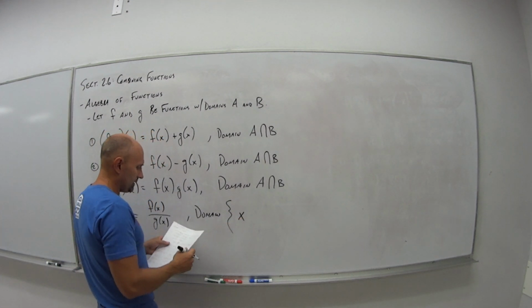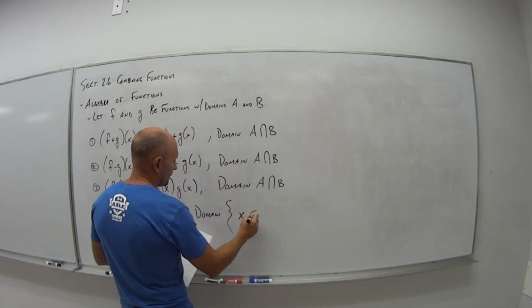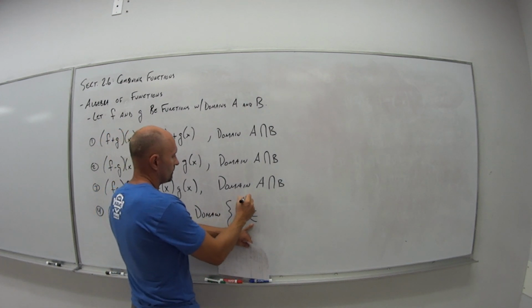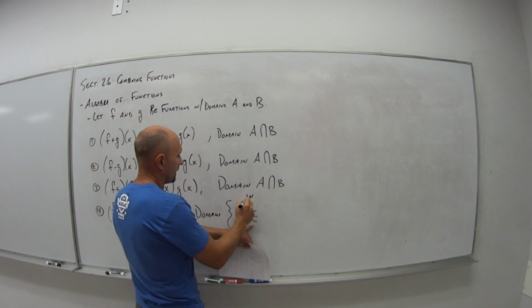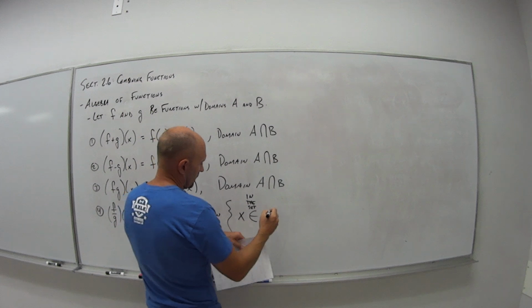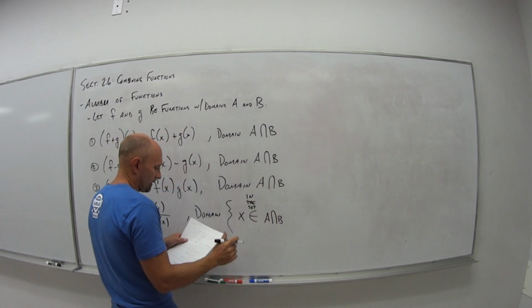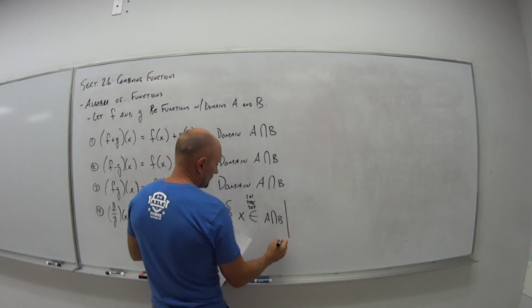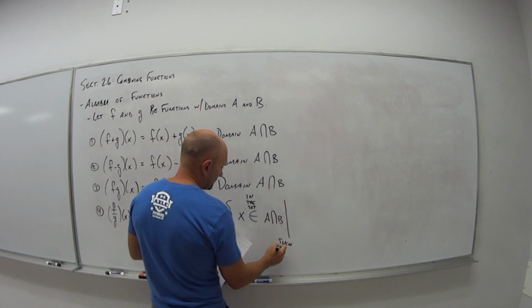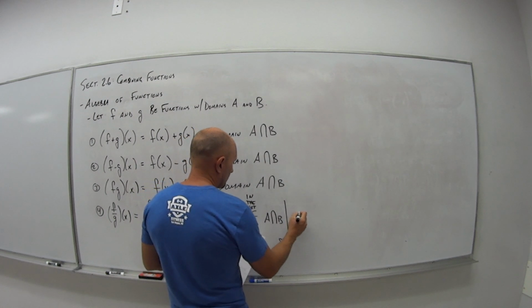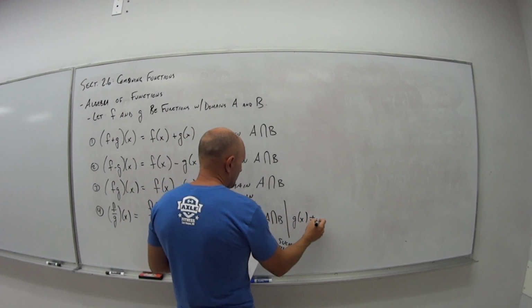It's any value x, and we have this notation which means is in the set. So x is in the set A intersect B, so that's the same. We have this line here which means such that g of x cannot be 0.